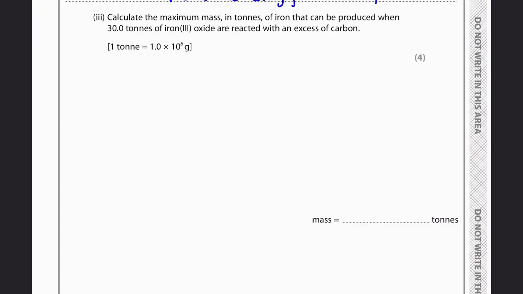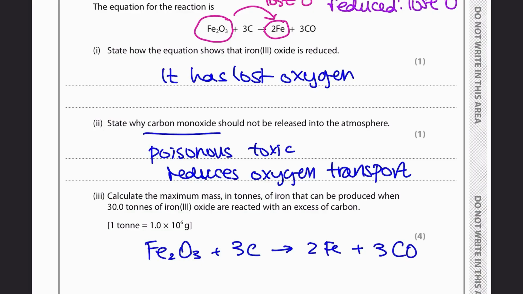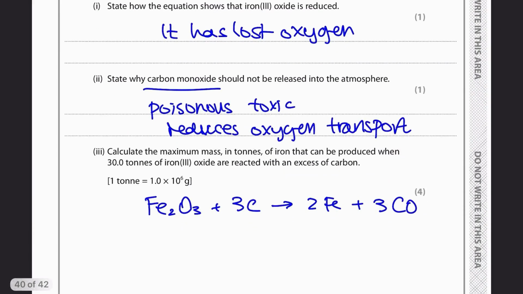Okay. So, we need the equation right here. Fe2O3 plus 3 carbons makes 2 Fe plus 3 CO. Okay? Now, we also need some information from the periodic table, because whenever you do calculations, you need to use the mole equation.